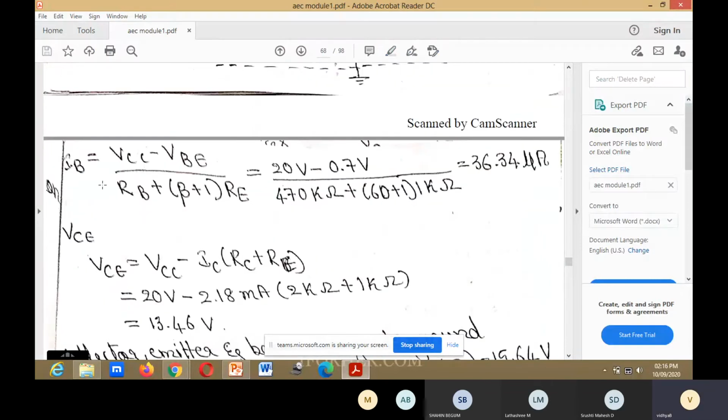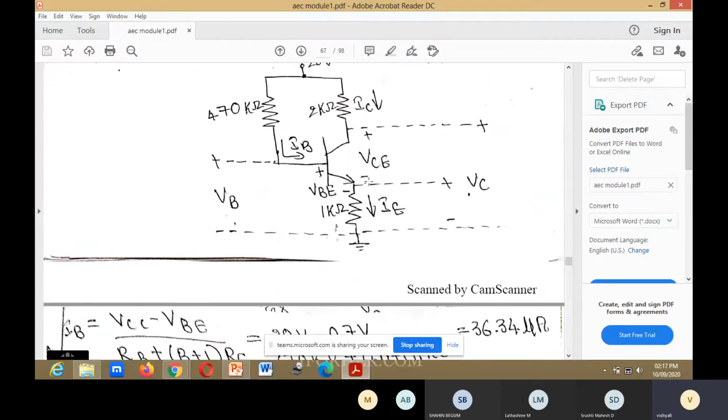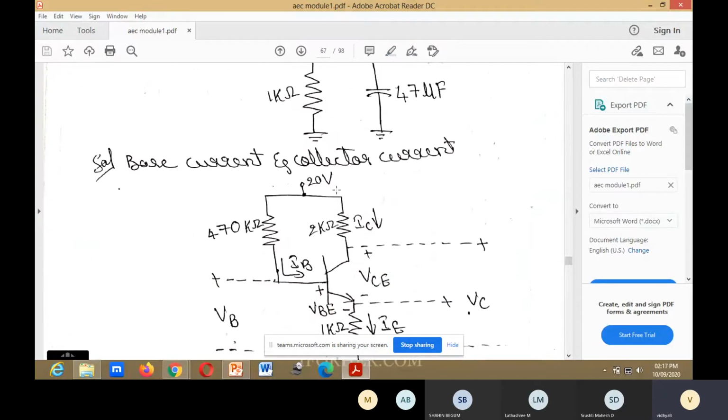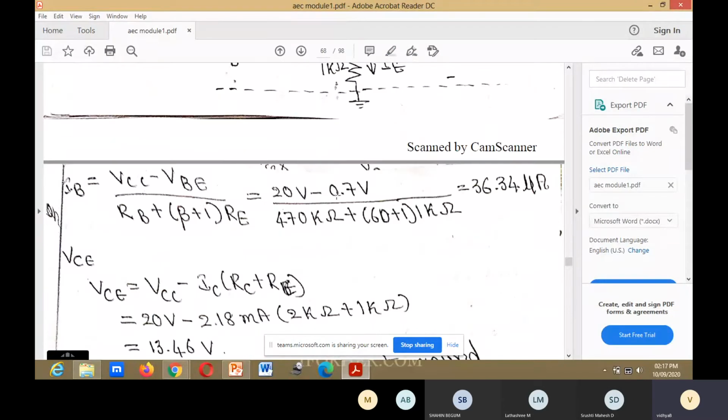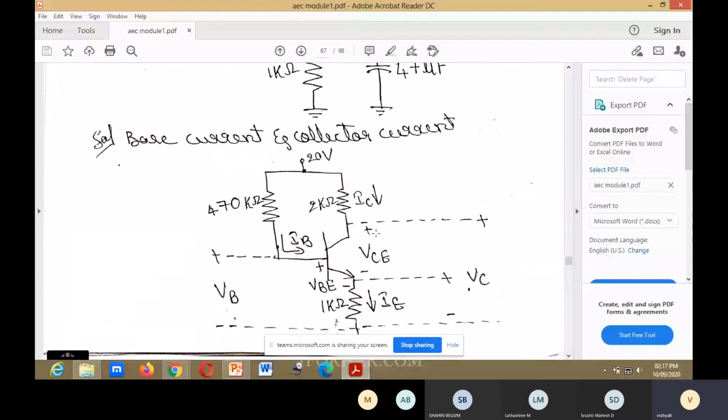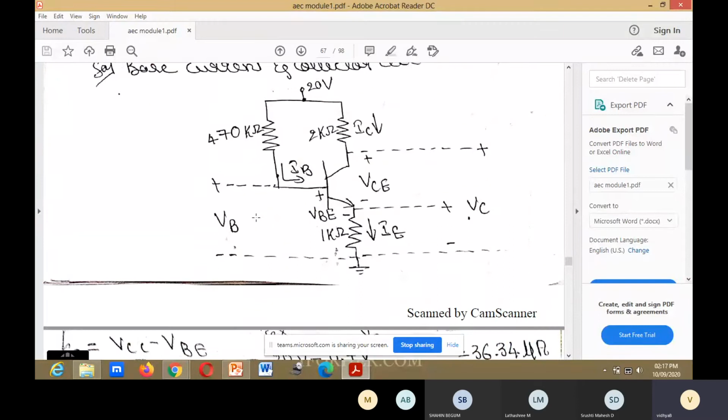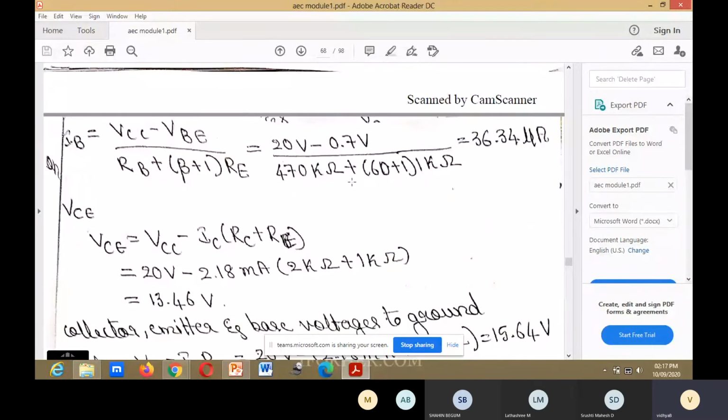First, IB. IB is equal to VCC minus VBE divided by RB plus (beta plus 1) RE. We know the value of VCC, what they have given. VCC is 20 volts. VBE is 0.7. RB they have given from the figure, you can see RB is 470 kilo ohm.